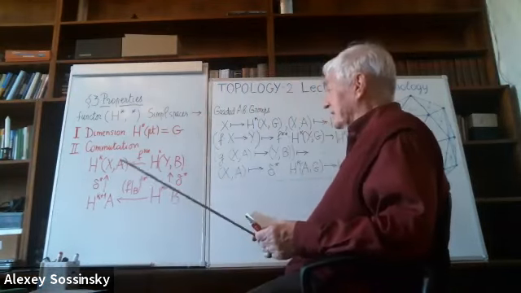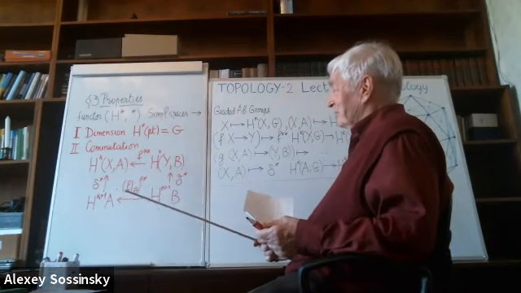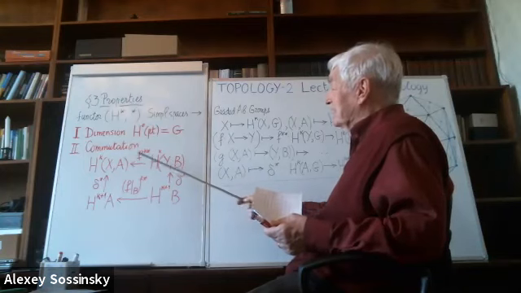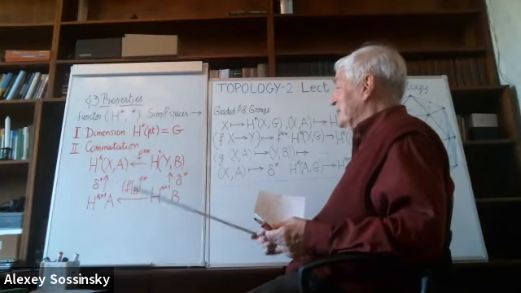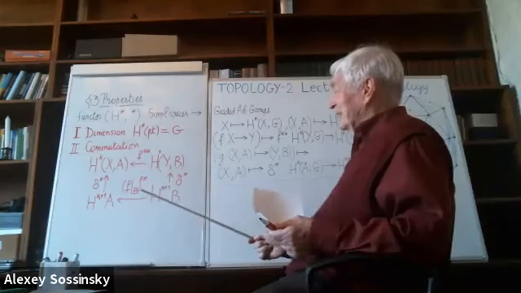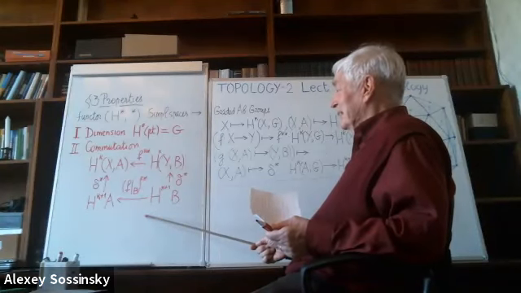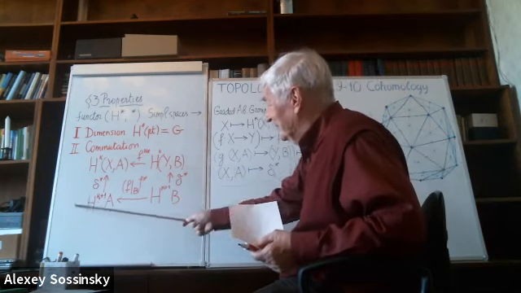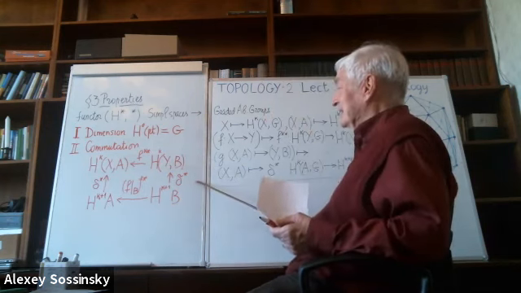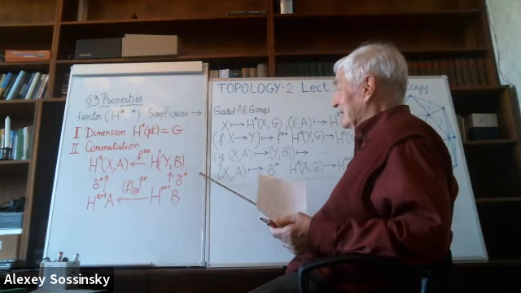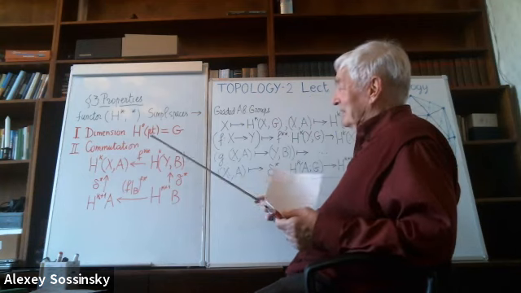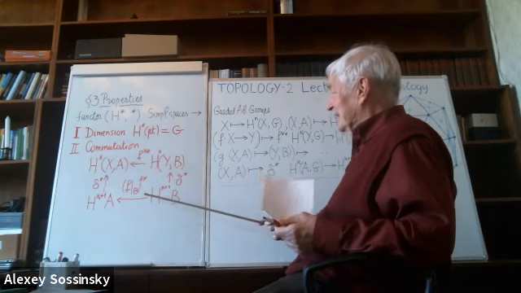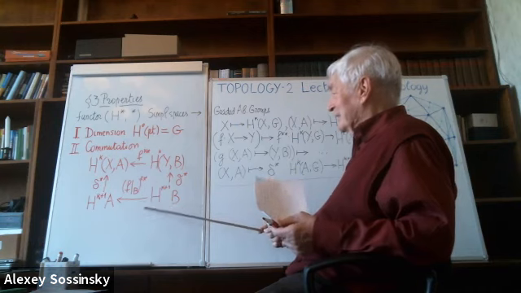Now in the booklet, this is written completely wrong, because when I was typesetting the booklet, I began by writing the formula for homology, and after that, I intended to lift the indices and reverse the arrows, and I forgot to do it.